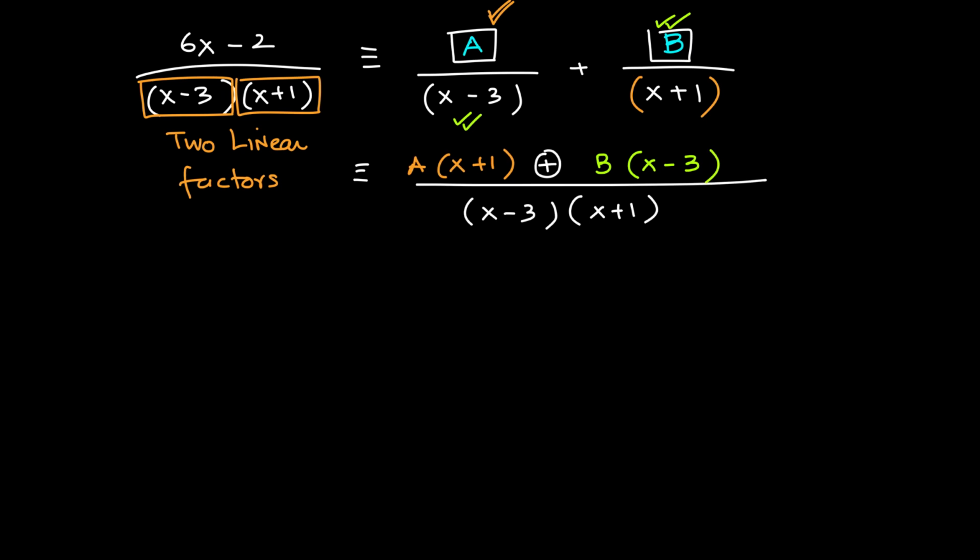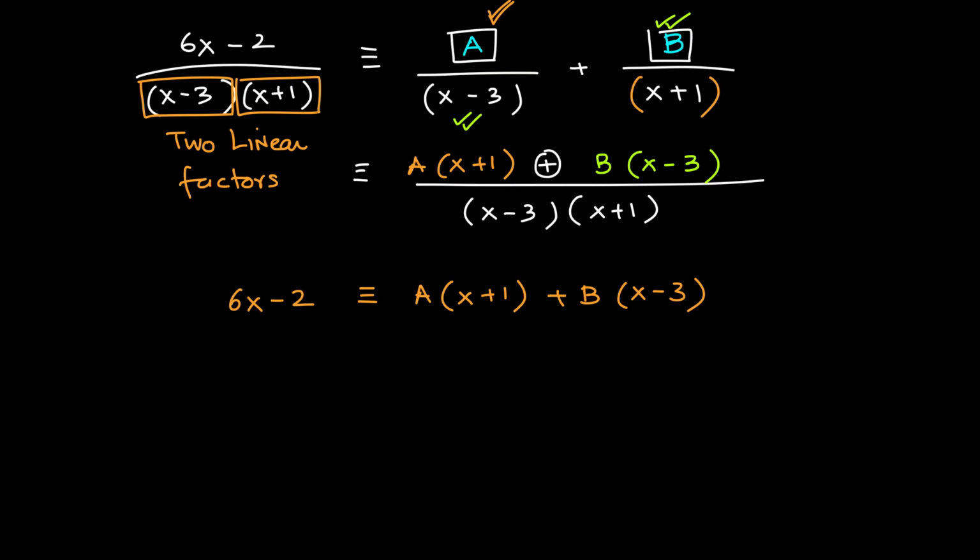Both sides consist of a fraction on either side. The denominator equals the denominator. Therefore, the numerator should equal the numerator. So therefore, 6x - 2 is identical to A(x + 1) + B(x - 3).